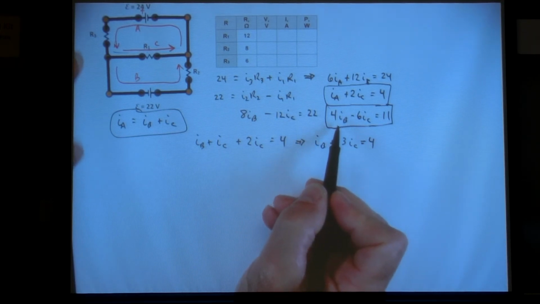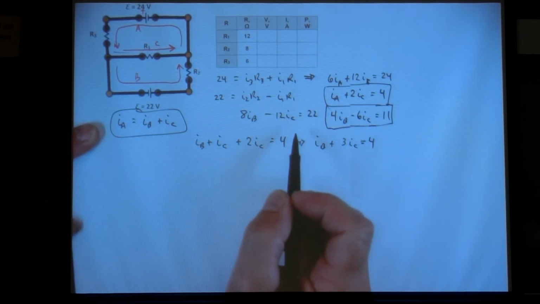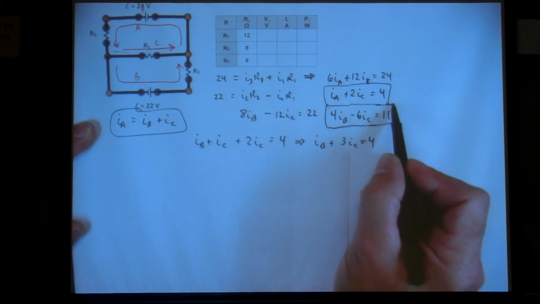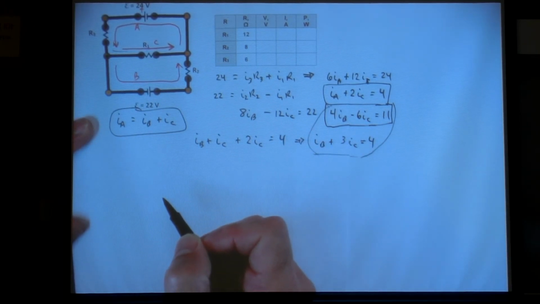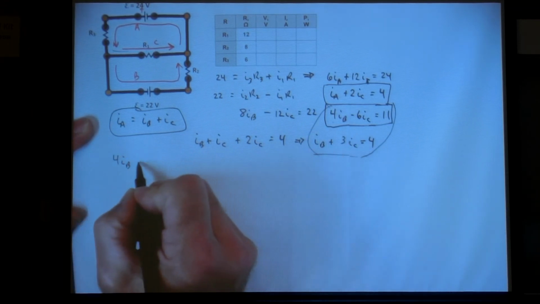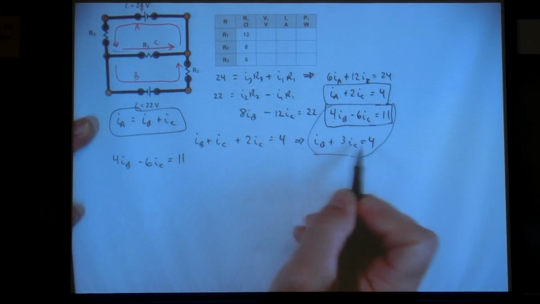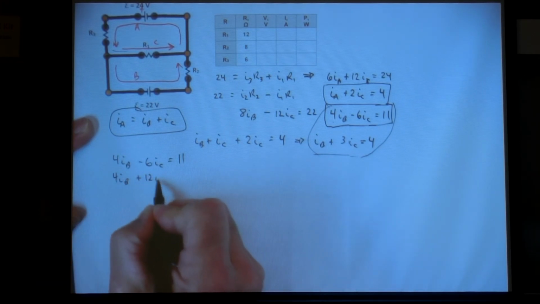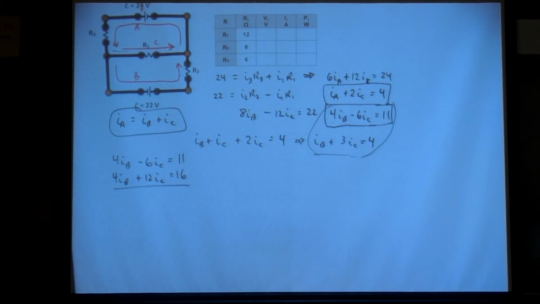When I substitute in this second equation, or actually I don't have to substitute because I have IB and IC, so I can take these two equations and solve for IC. So I'm going to do the linear combination again. I'm going to take this equation, 4IB minus 6IC equals 11, and I'm going to multiply this bottom equation by 4. That'll be 4IB plus 12IC equals 16.